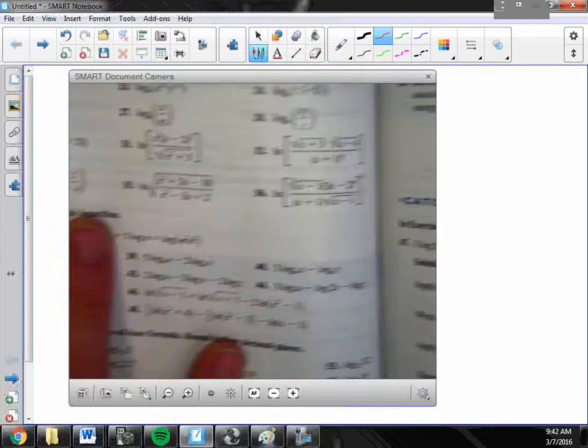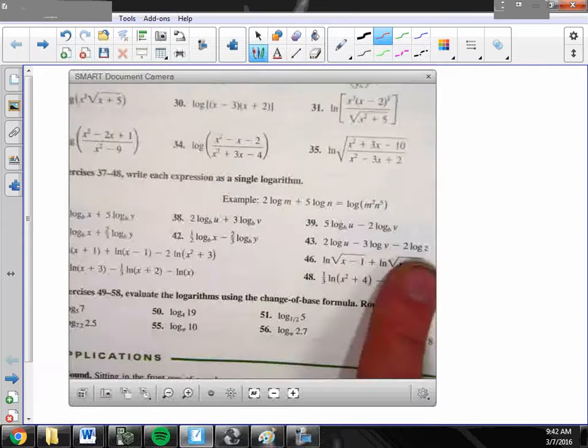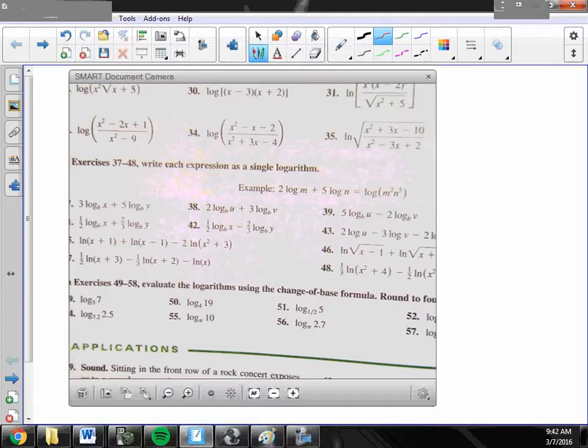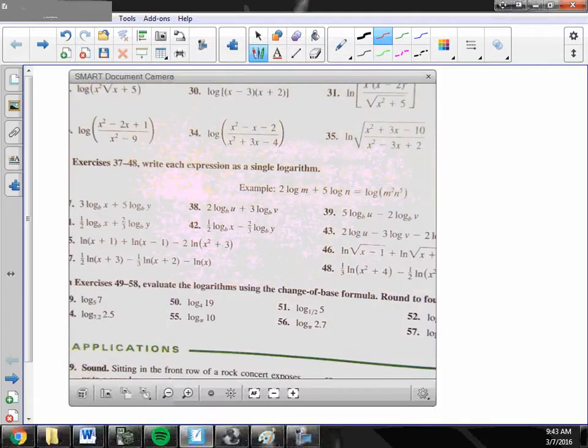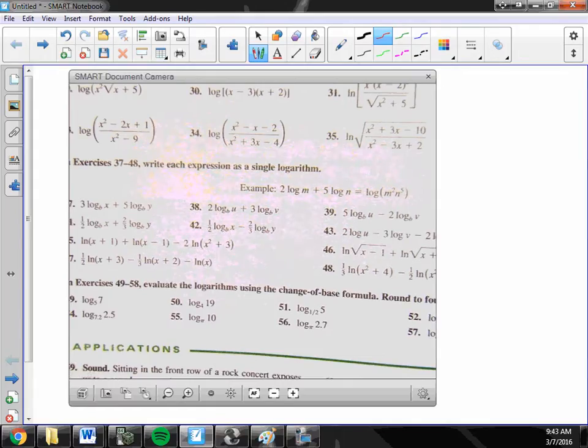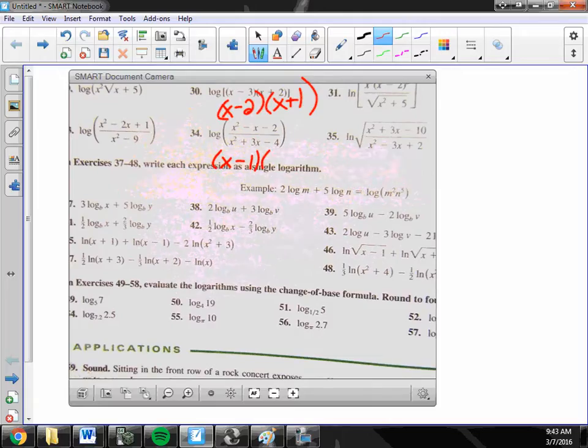What about 34? You guys can handle 33. So 34, we have two quadratics. We need to factor the quadratics first to figure out what the products are. How does the top quadratic factor? x minus 2 and x plus 1. And the bottom one would be x minus 1 and x plus 4.